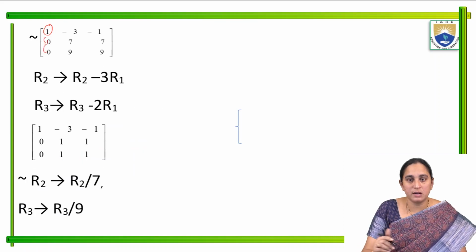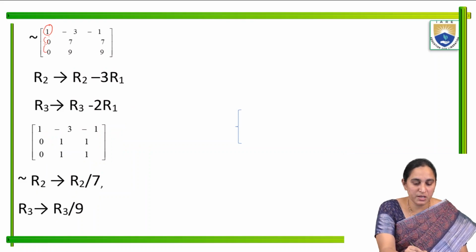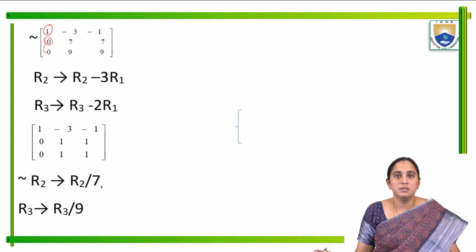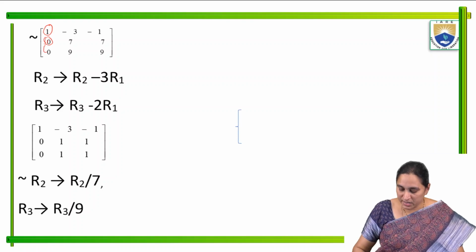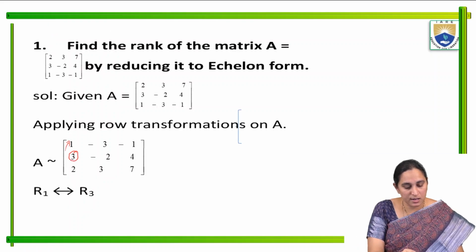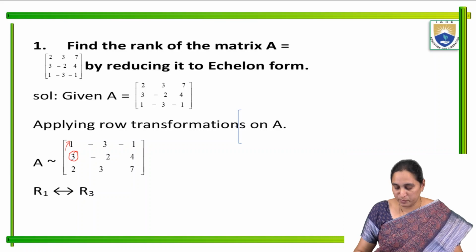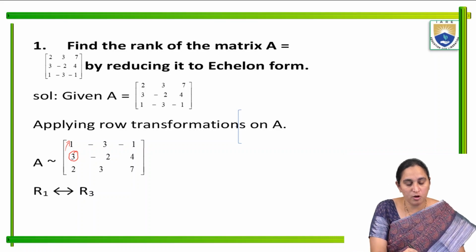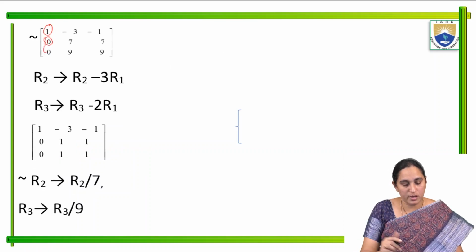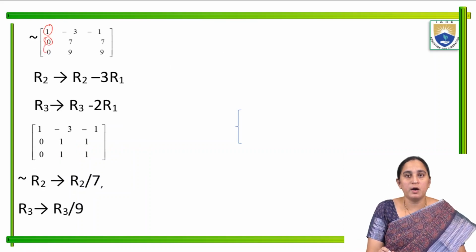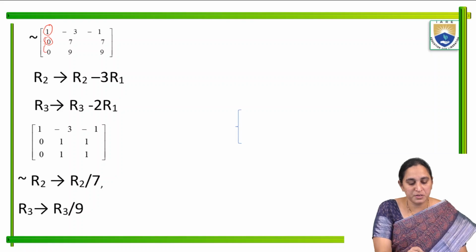The row operation for that is R2 tends to R2 minus 3R1. If you apply that, definitely it is equal to 0. Similarly, I'll make the first element of R3 as 0 with respect to R1. The row operation for that is R3 tends to R3 minus 2R1. After applying the two operations, there is no change in the first row.